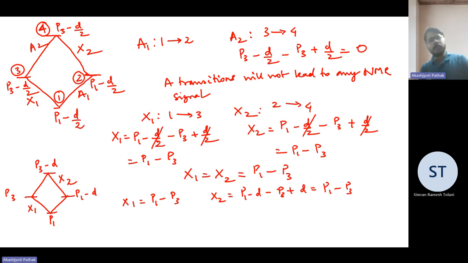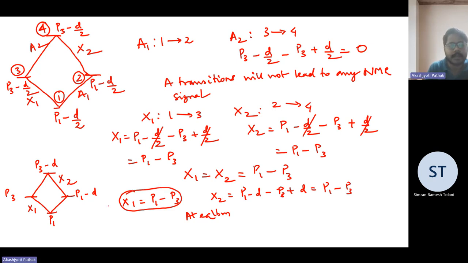So under both conditions, at the equilibrium condition as well as at the perturbed condition, when we are perturbing it with radio frequency, after the application of the perturbation we are seeing that the population difference due to the X1 transition and the X2 transition remain the same. Here also P1 minus P3.